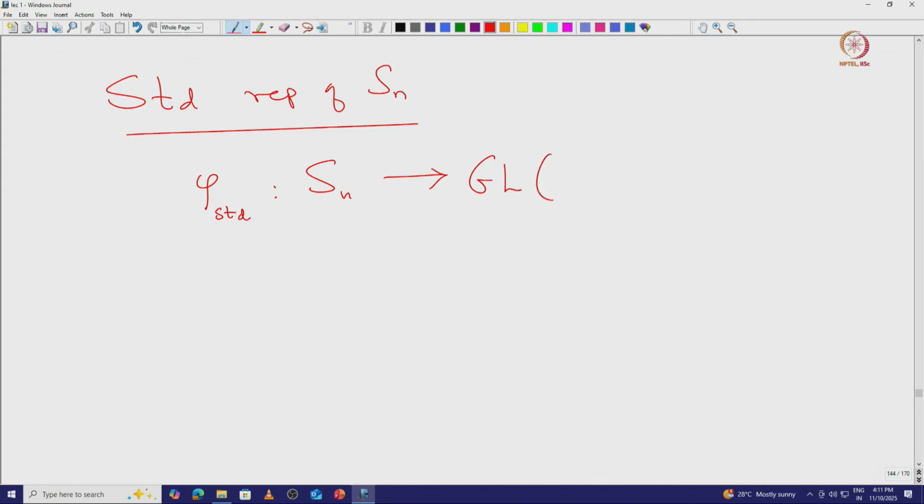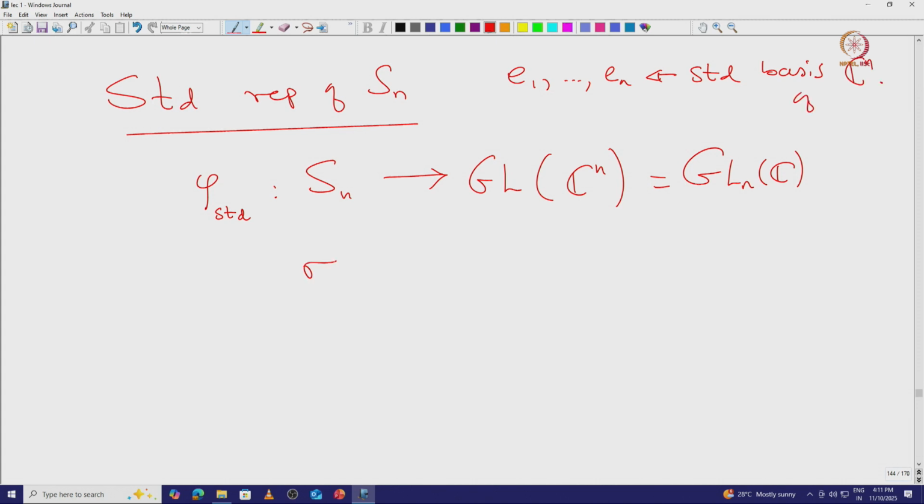So, we simply take GL_n(C), and we fix e_1, ..., e_n to be the standard basis of C^n. Now given sigma, we define the action of sigma by permuting the coordinates, that means by permuting the standard basis.